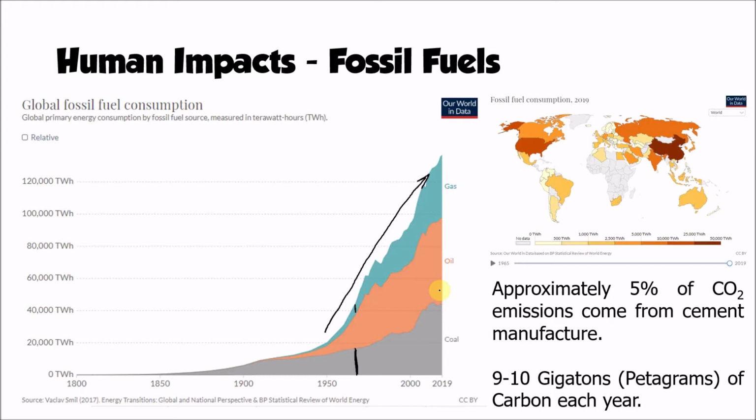We should also be aware of the fact that these emissions are not spread evenly around the world. If we look at the map on the right hand side, this shows us fossil fuel consumption in 2019. We can see how a very small number of countries really dominate the emission of greenhouse gases from these fuels. So particularly China, India, Australia, the USA, Canada, Brazil and the European Union and Russia as well.